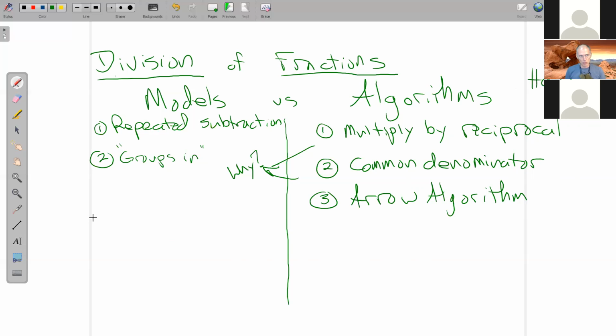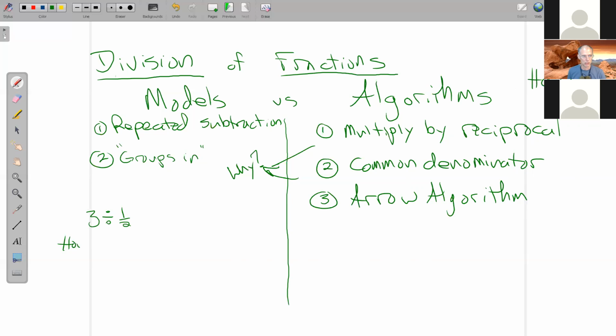So the repeated subtraction, suppose I had, let's do 3 divided by 1/2. So we'll just do an easy version. And repeated subtraction just says, well, how many times can you subtract the divisor from the dividend?